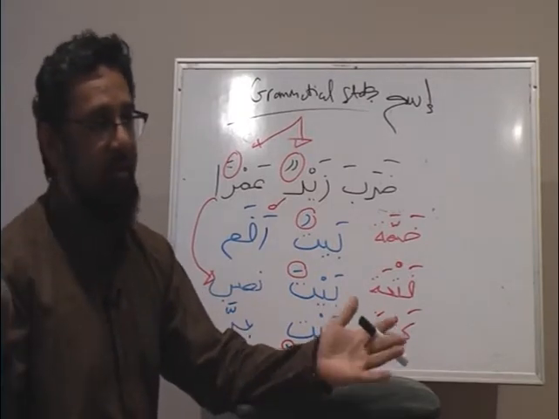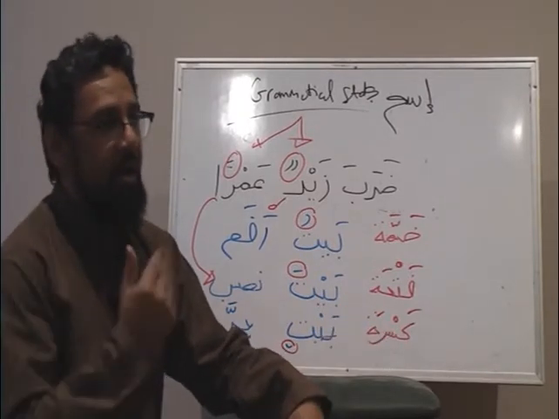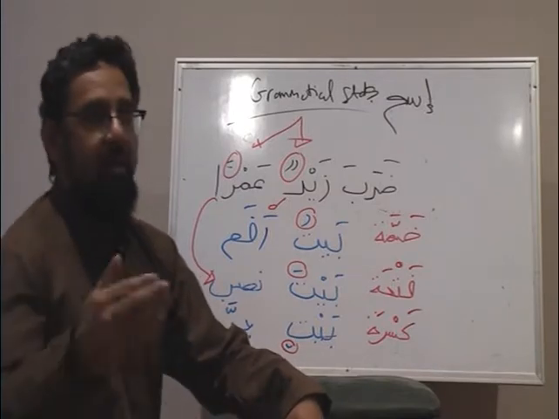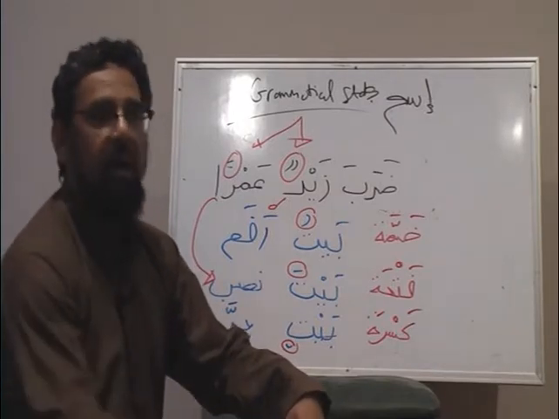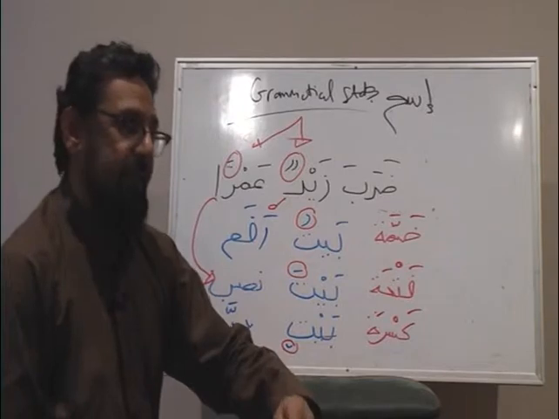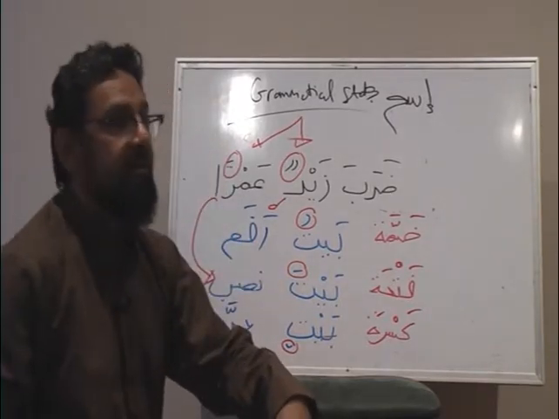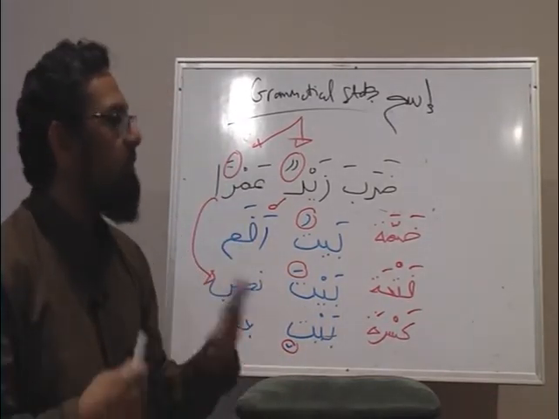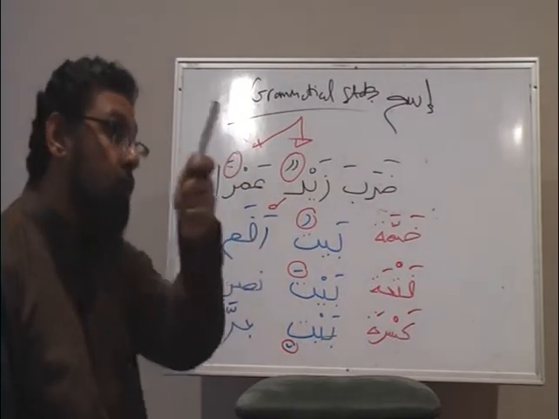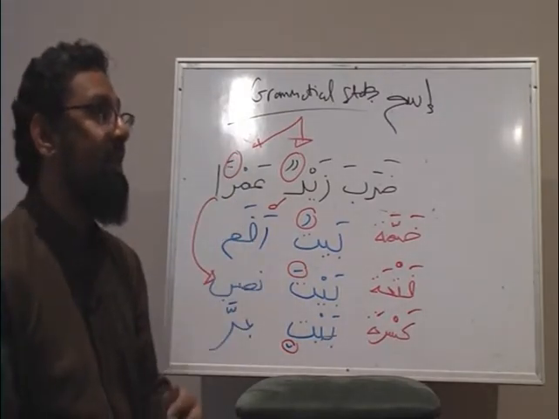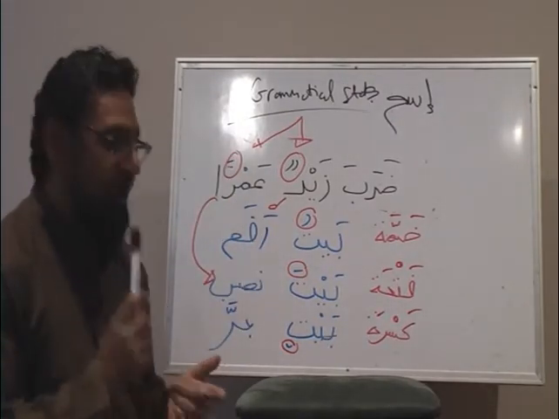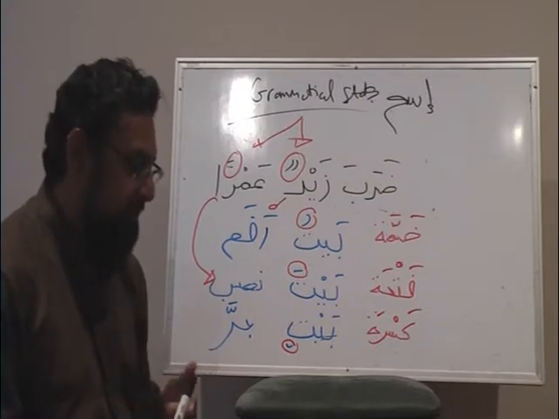It cannot be jar, impossible. It's got to be either dhamma or a fatha. And based on the context of what you're reading, if Zayd is the subject, it must be Zaydun. Cannot be anything else. That's when you will start to be able to apply it because you know the rule now. This is your first major rule based on isms having grammatical states.